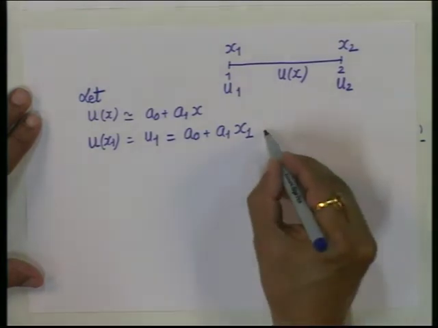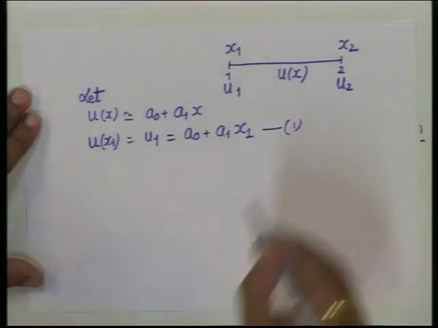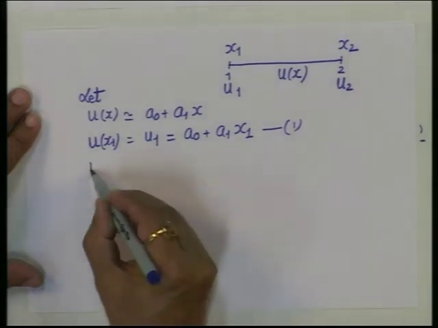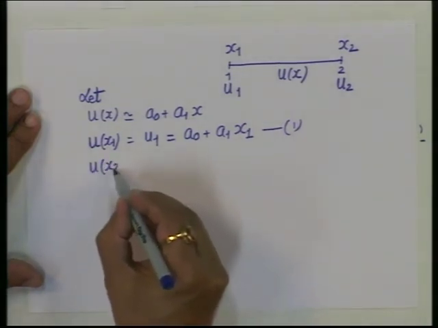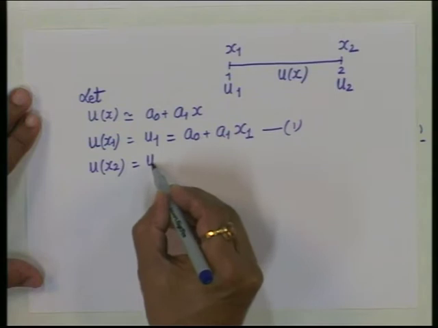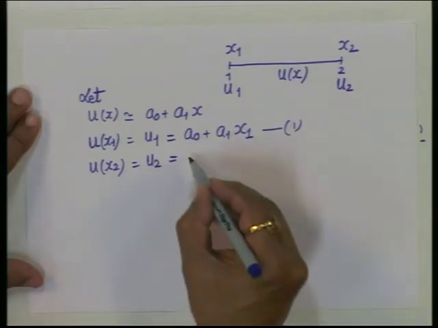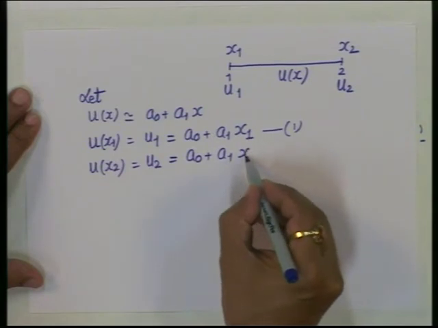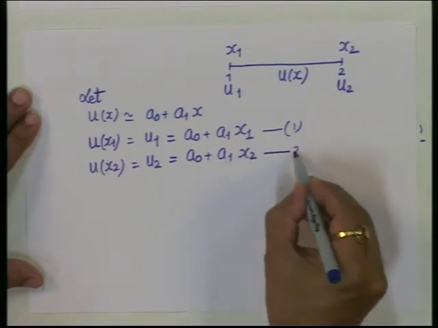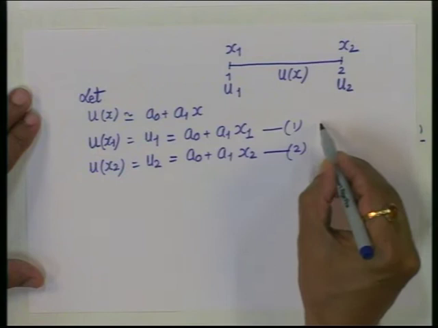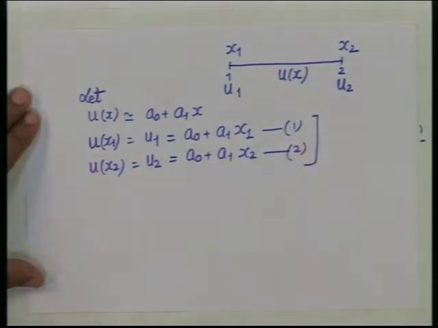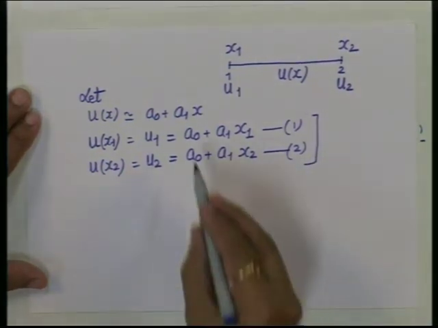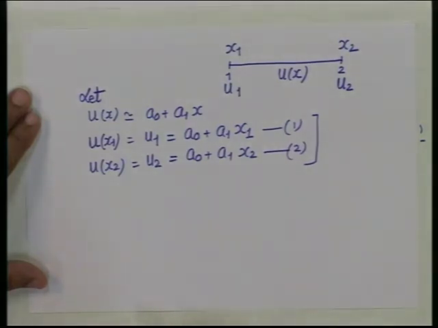So, one equation we got, this is a boundary condition. Similarly, u at x2 is u2, nodal, equal to a0 plus a1 x2. So, I have got two equations. These are two equations and there are two unknowns, two undetermined coefficients a0 and a1. They can be solved, a1 and a0.